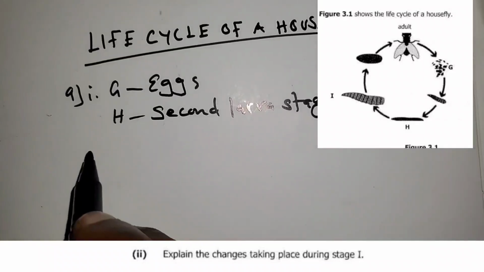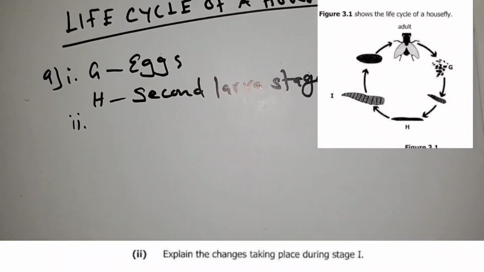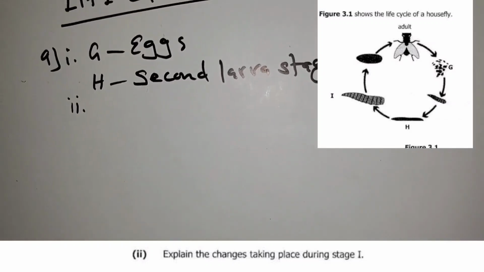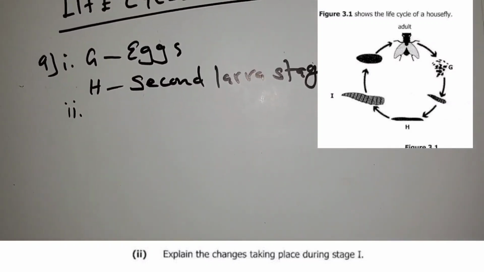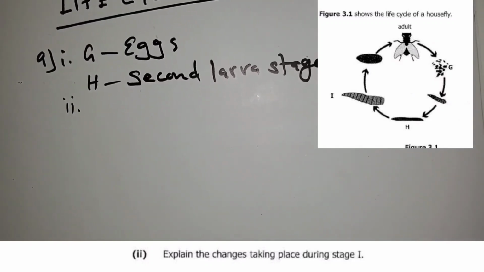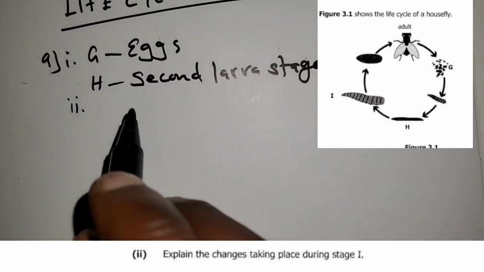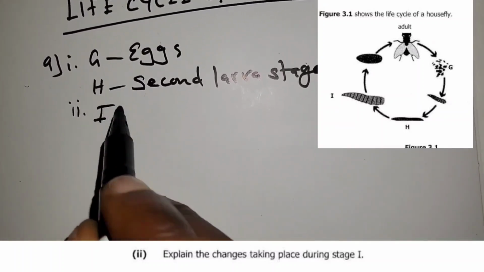Then question A2 is saying, explain the changes taking place during stage I.